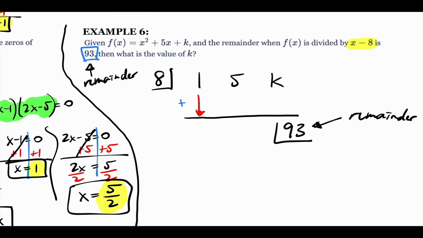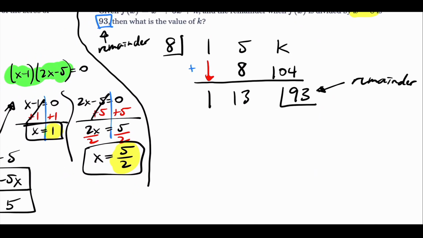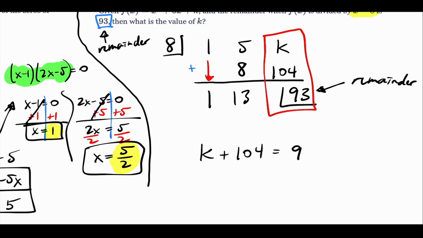Move 1 straight down. 1 times 8 is 8. 13 times 8 is 104. So now I have this guy right here. K plus 104 equals 93.